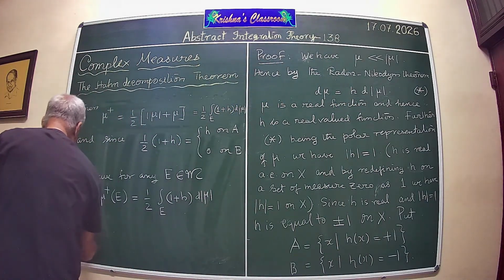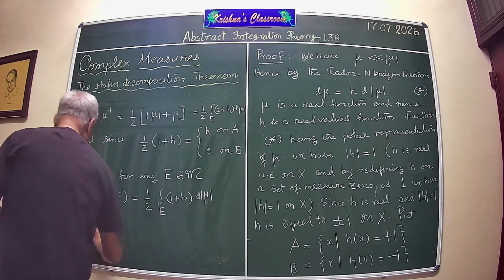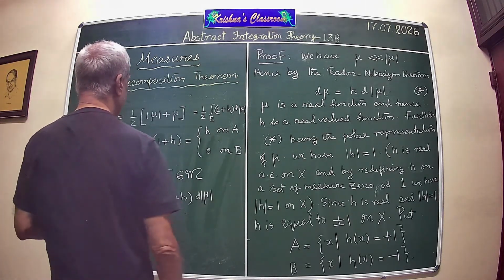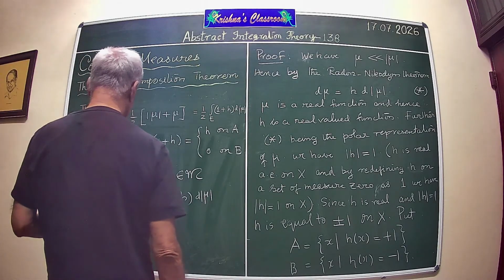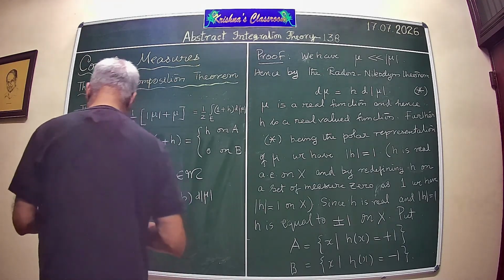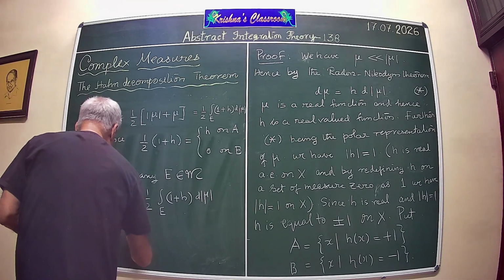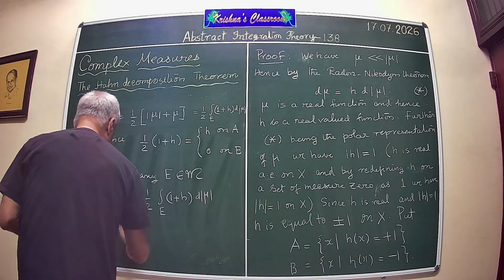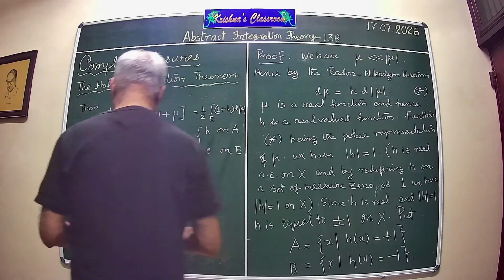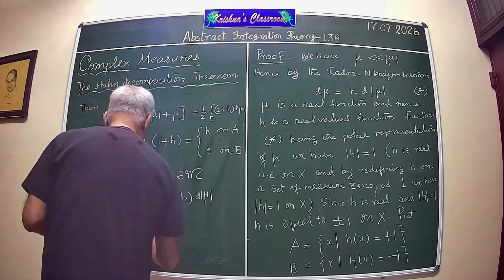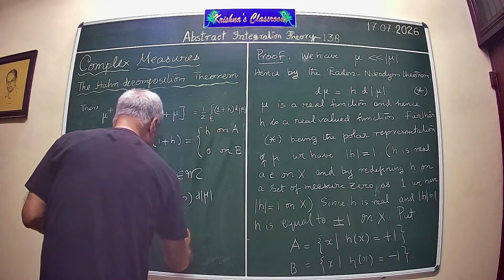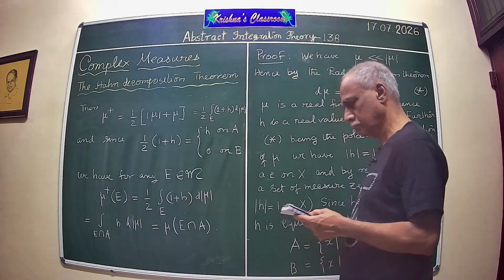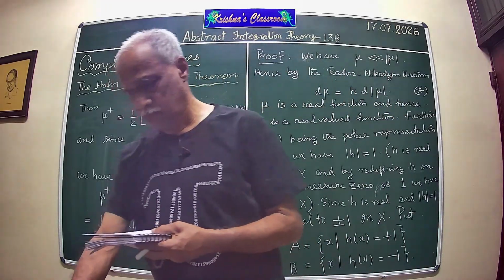And that is equal to the integral over the intersection of E with A, that is, the measure of E intersection A. Now you get the representations.